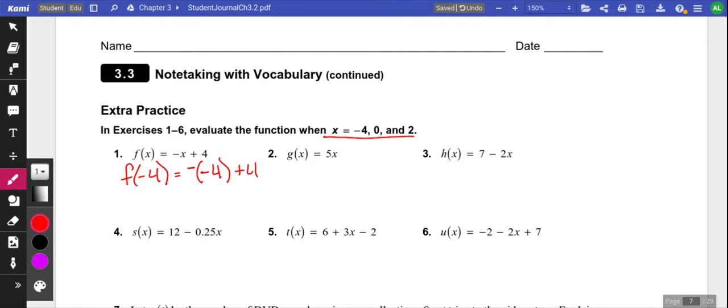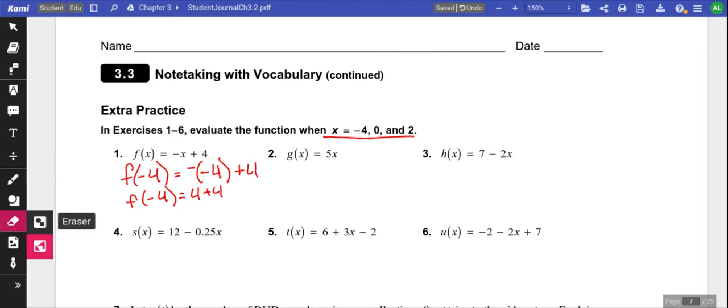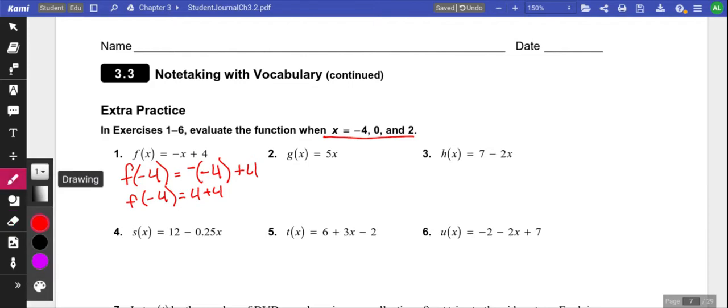Again, don't do anything with this f of -4. It's not really part of your math. It's just saying when I plug in -4 for my input. Negative -4 is +4, so 4 plus 4 is going to be equal to 8. So f of -4 is equal to 8. You could always just write your final answer like that.